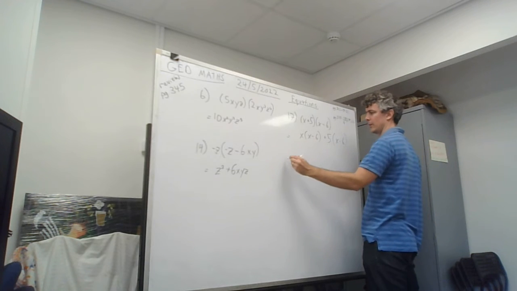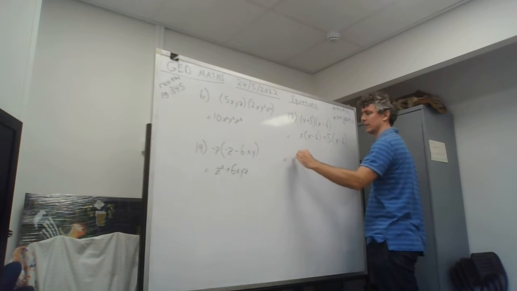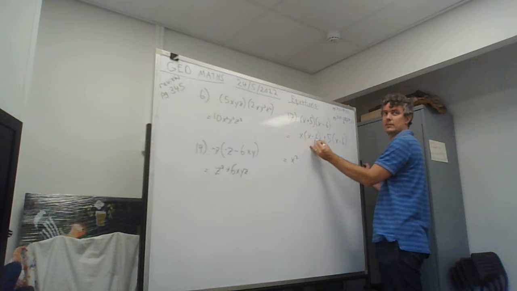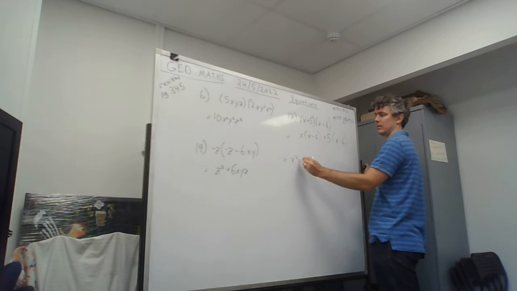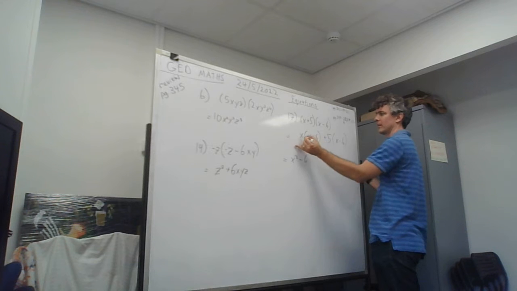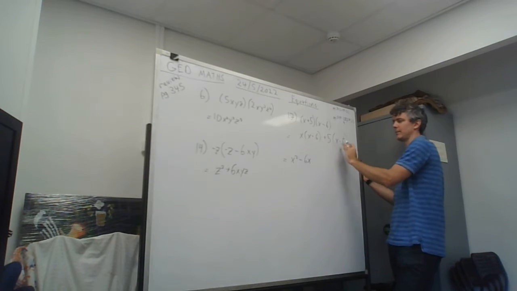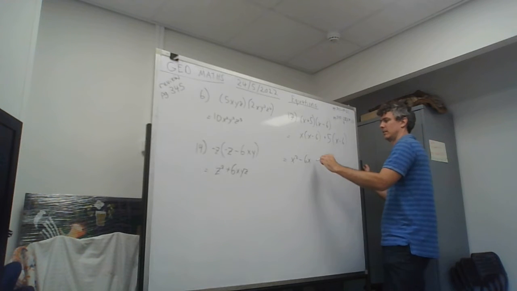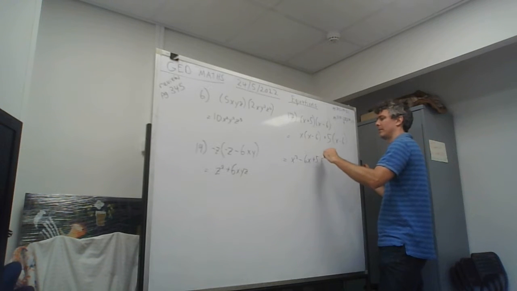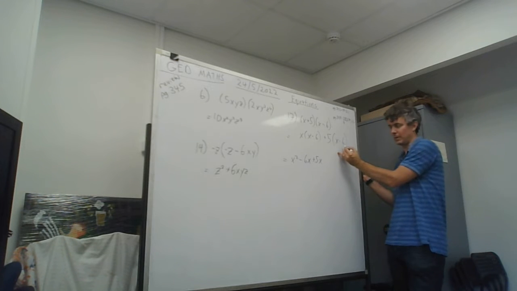Right? So then x times x is what? X squared, that's right. X times minus 6 is minus 6x, because it's 1 times minus 6, and there's an x. Okay, so that's this one. Now we go here. 5 times x, plus 5x. And then 5 times minus 6, minus 30.